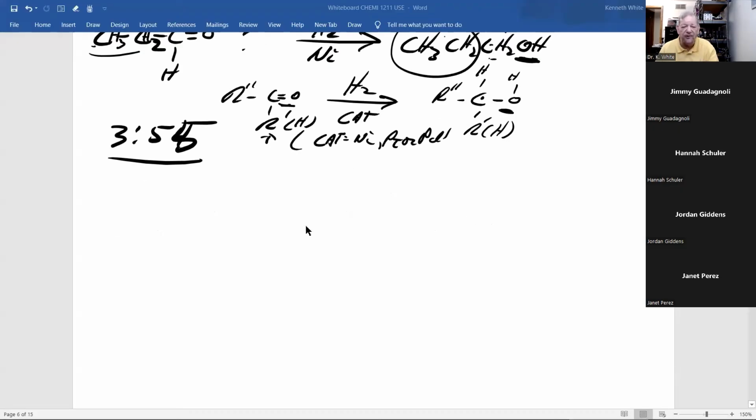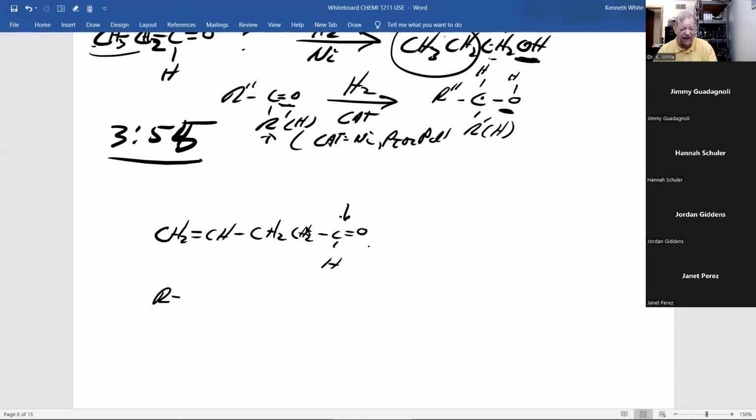And there's a problem with hydrogenation. What's the problem? What I'm going to write down, you don't have to write down. Well, if you want to, I won't stop you. Say you want to reduce this, make this into an alcohol. Well, you say, oh, that's an aldehyde.